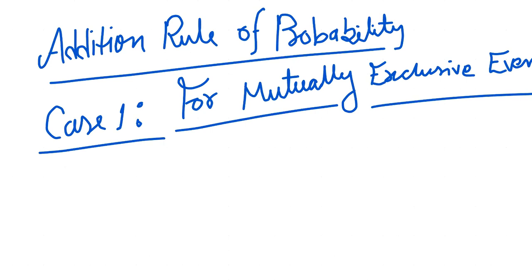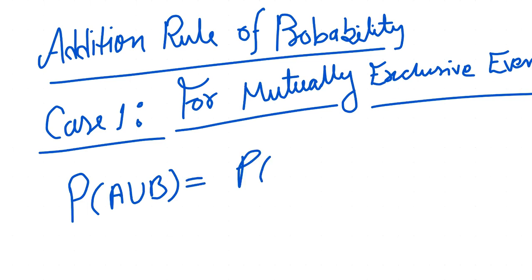So as we have taken A and B as two events, the addition rule is P(A union B) equals P(A) plus P(B). Remember, we have done such kind of formula in cardinality of sets already.